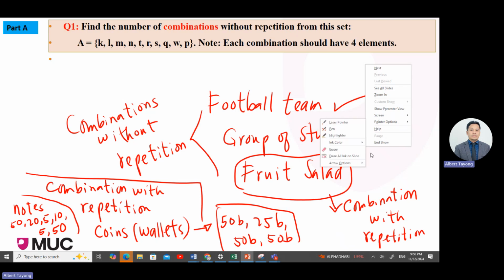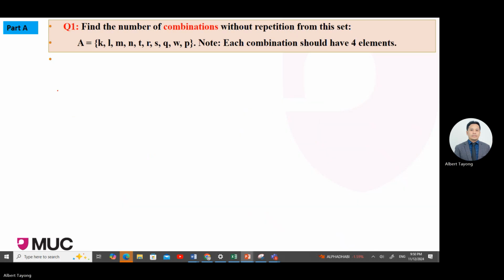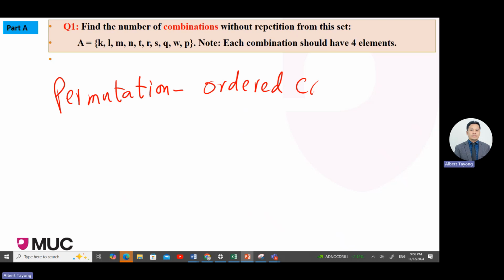When we say permutation, permutation is also a combination, but it is an ordered combination. It means that the order is important. Order matters. An example of this is your PIN.